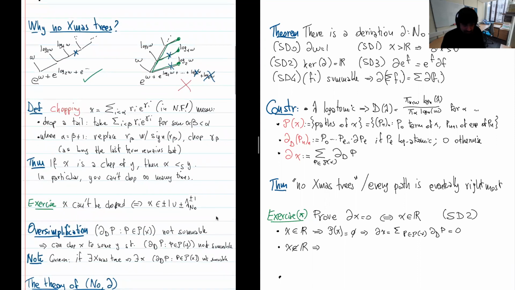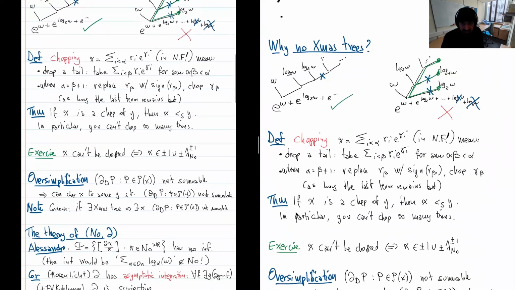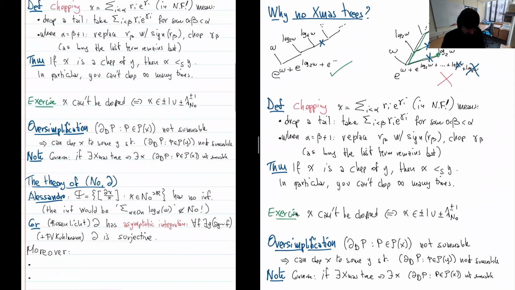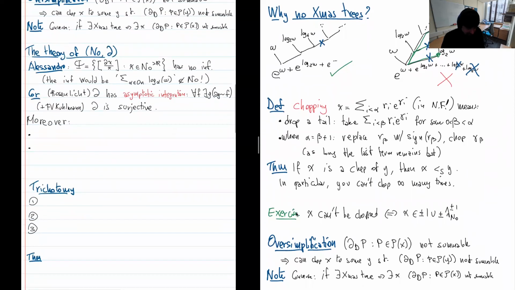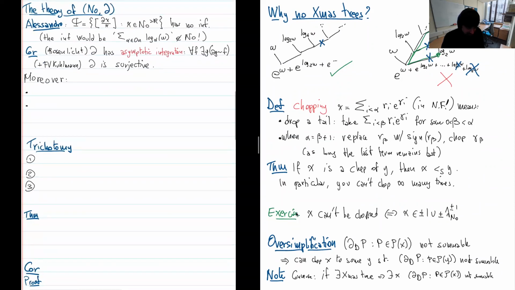Okay, now let's move to something that is closer to what Lau is doing in the other course about Hardy fields, which is, let's talk about the properties of the derivation. And Alessandro Manda showed that the derivative is surjective. How?